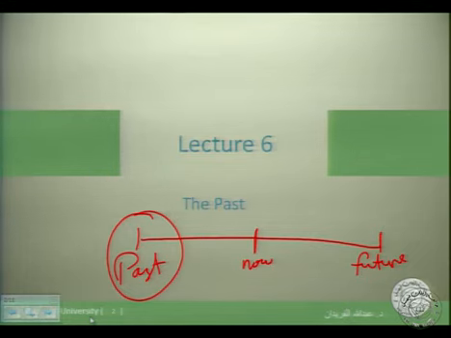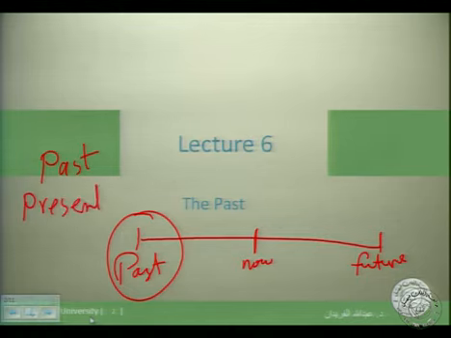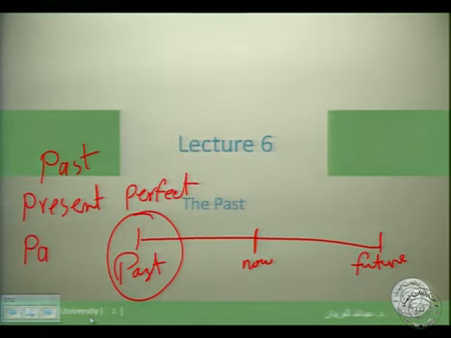I don't think that I'm going to give you new information today, except the difference between the past and the present perfect. We have something called the past, which is our lesson today, something called present perfect, and past perfect.